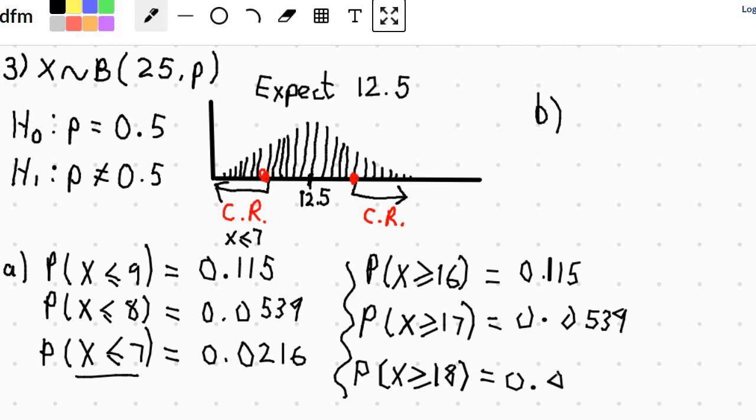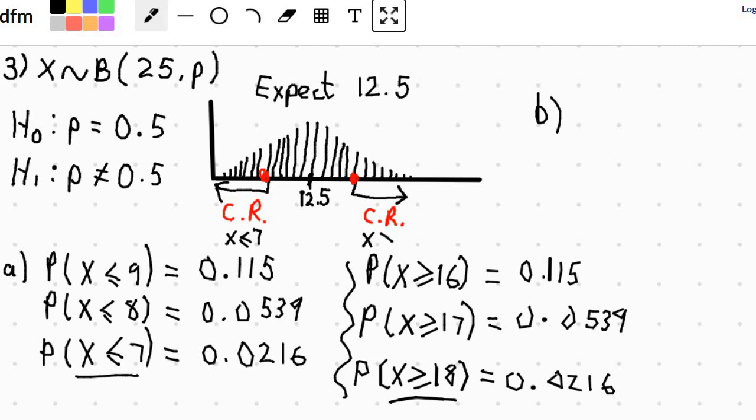This ended up being 2.16. Okay, so that's my other critical region there, x greater than or equal to 18.